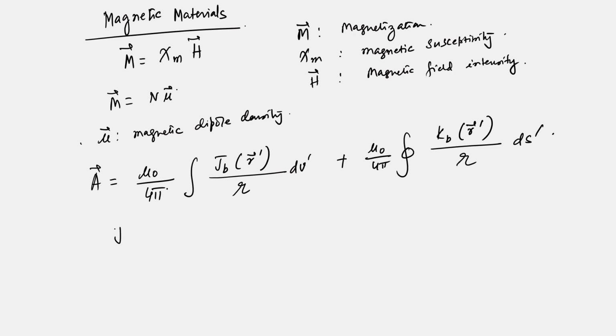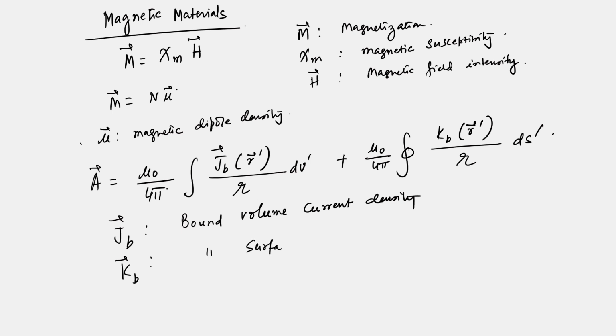So, this J B is the bound volume current density, and K B is the bound surface current density.